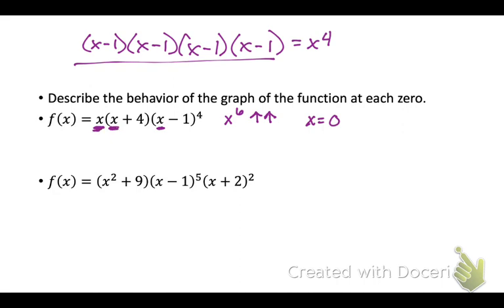So I get 0, and I get -4. How many times is that? Once. And I get positive 1, and that would be to the 4th. See how I did times 4? That means the multiplicity is 4.